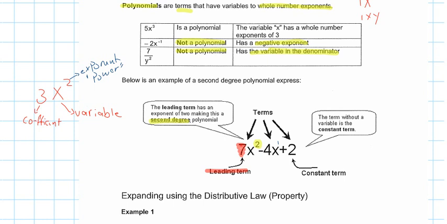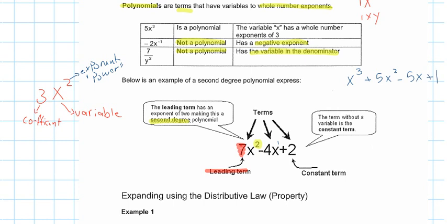And then the 7 that comes right before the x squared is the coefficient of the leading term, which we call the leading coefficient. Leading means the first. When we write a polynomial in math, we always write it in descending order of exponent. So let's say I have these terms, right?